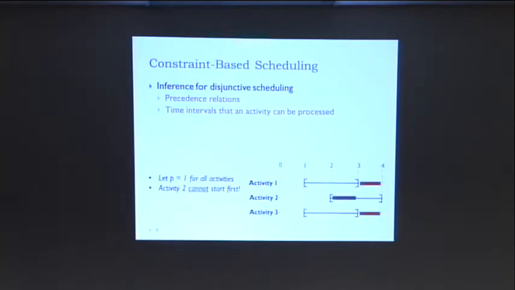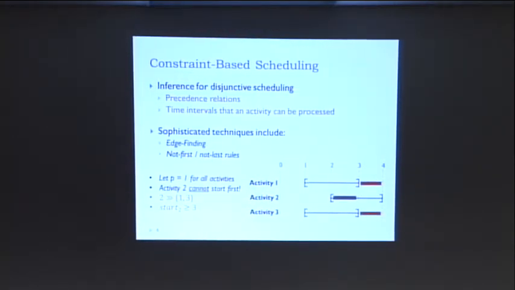If you start activity 2 first, then you consume 1 minute of the resource, and then for activities 1 and 3, you will violate their deadlines, right? So you deduce that activity 2 should succeed activities 1 and 3, and therefore the start time of activity 2 must be 3, right? Because you have to process both activities before starting activity 2. So this is the kind of inference that we are interested in.